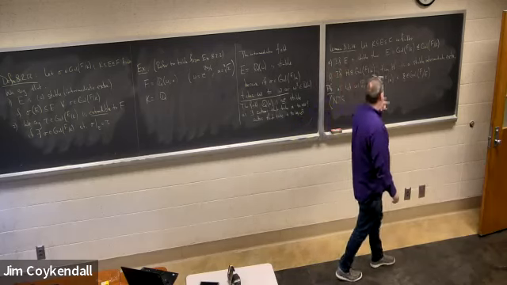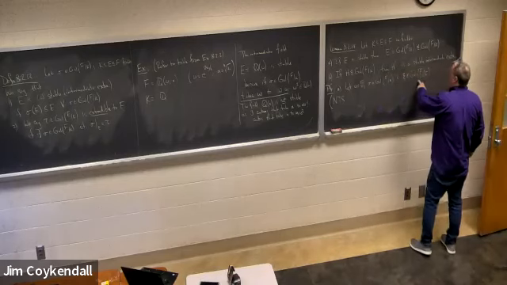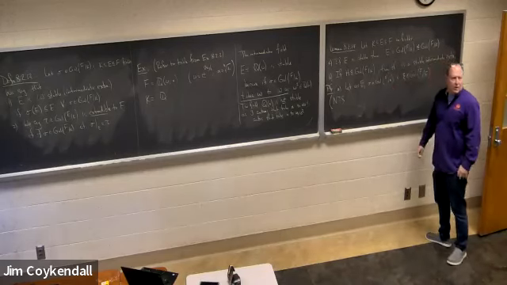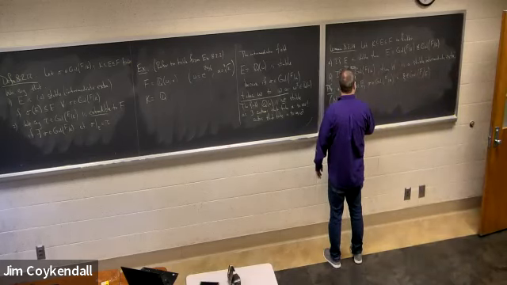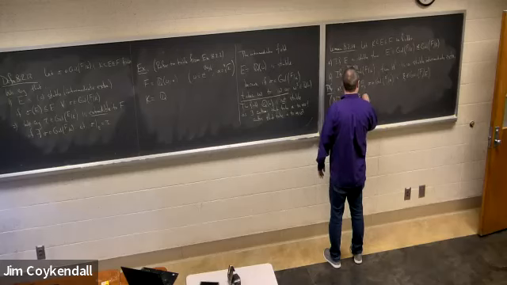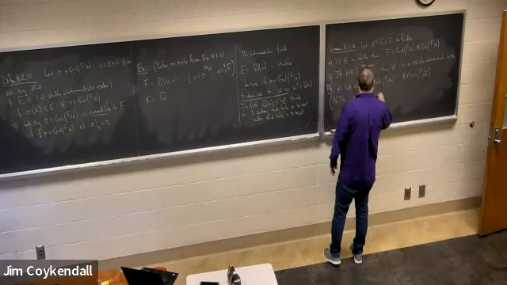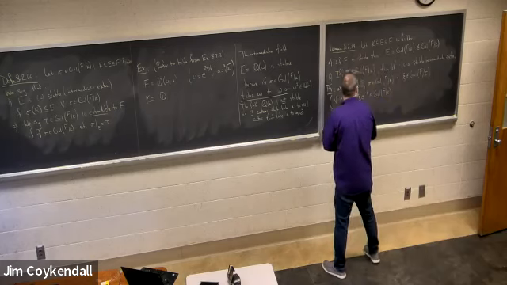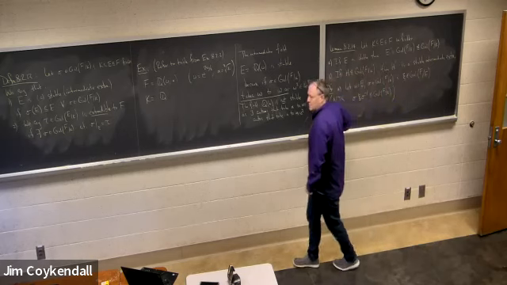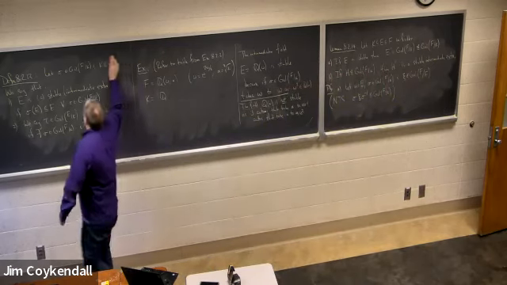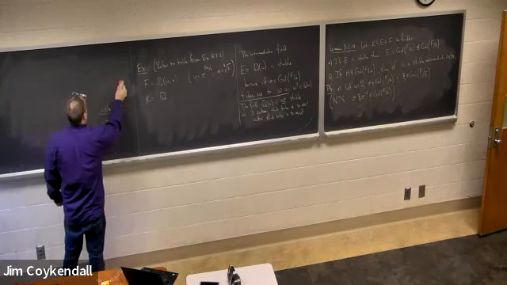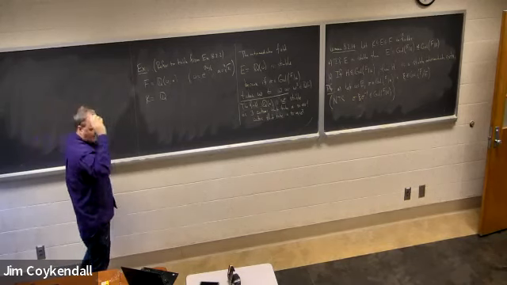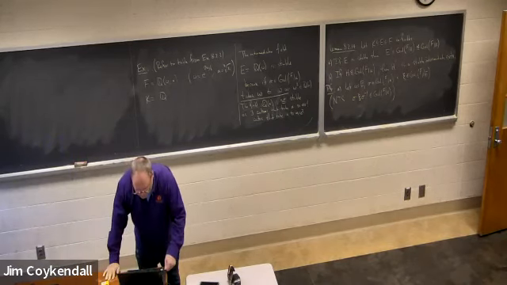We need to show that this thing is normal in this, right? So we need to show that sigma tau sigma inverse is still in the Galois group of F over E. That is to say, we need to show that that conjugate automorphism still fixes U.